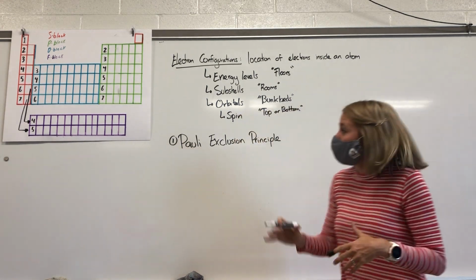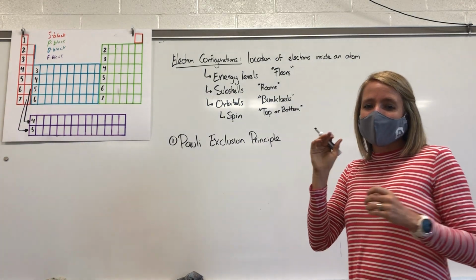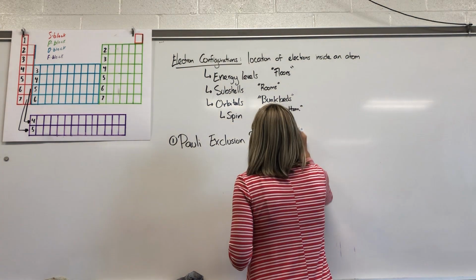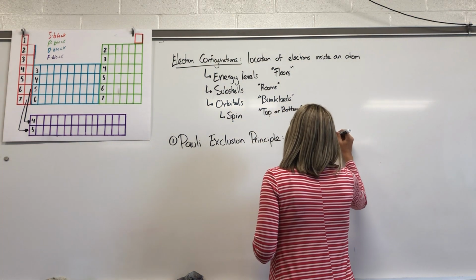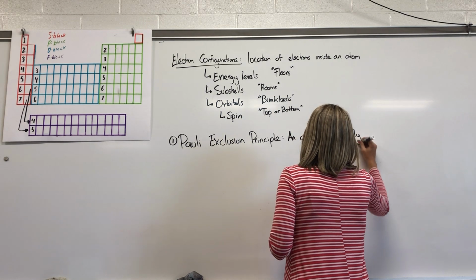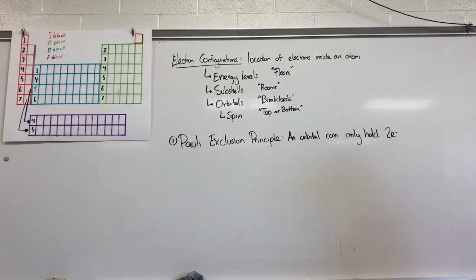Okay? All right. Pauli's exclusion principle tells us that an orbital can only hold 2 electrons.